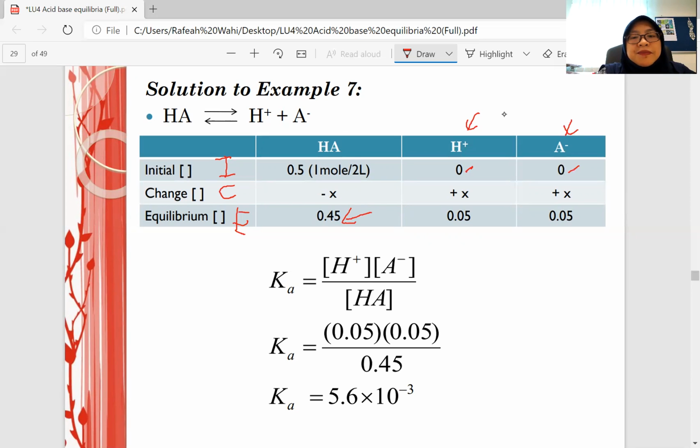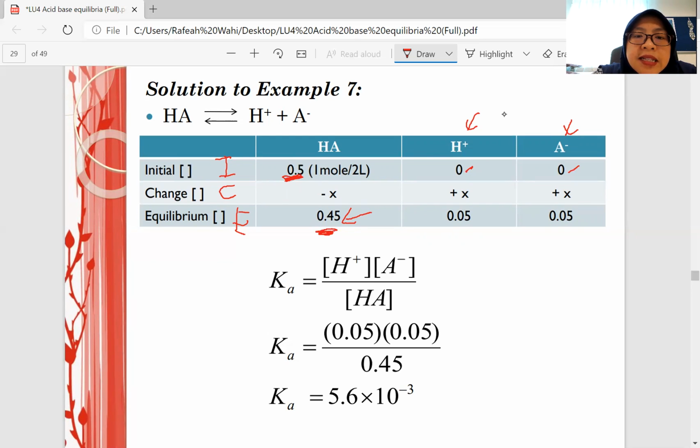And you know that the equilibrium concentration for the weak acid is 0.45 molar. The initial concentration of the weak acid is 0.5 molar.